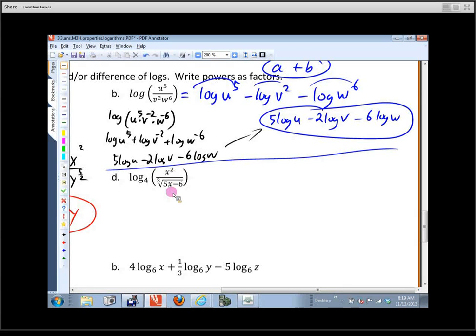Go ahead, write down what you think the answer ought to be. And I don't mind you skipping steps as long as you get it right. If you're going to skip a step, make darn sure you got the right answer, okay?